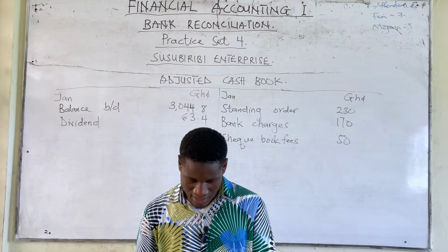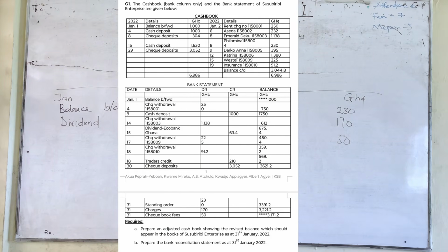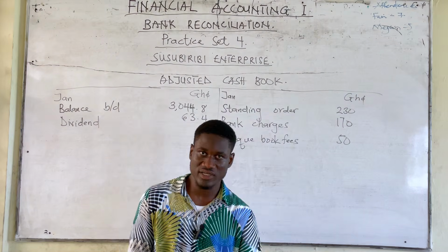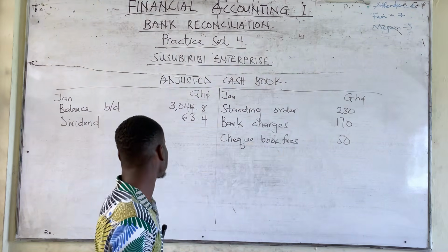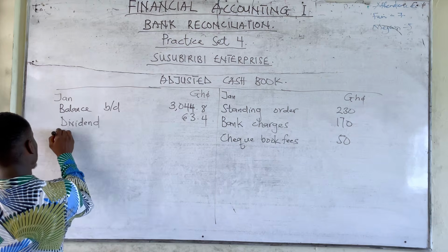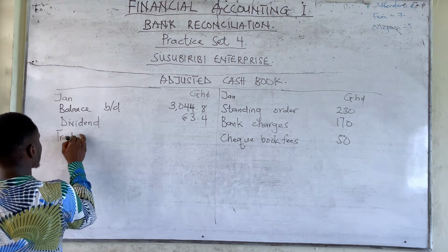Now we move to any other item that was recorded at the credit side but not recorded at the debit side of the cash book. We have 210, which is trade credit.